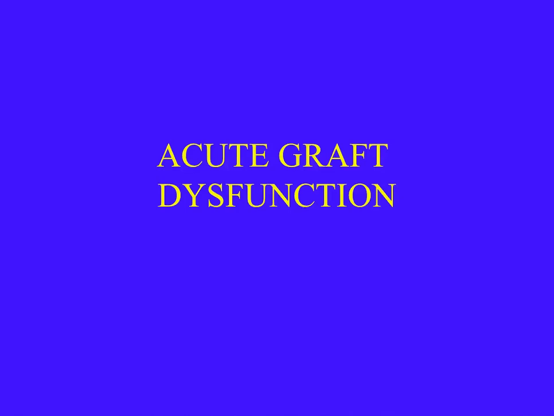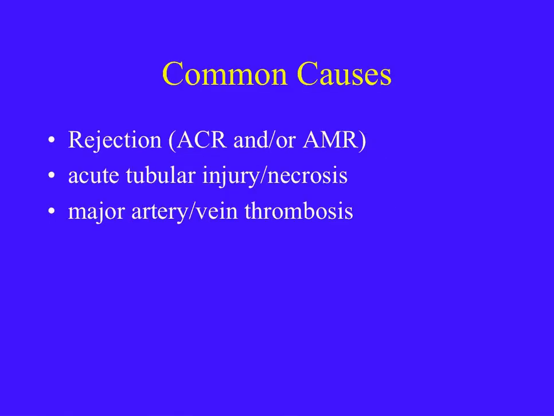Specimens taken for the investigation of acute graft dysfunction usually reveal one of the 3 following causes: rejection, either cellular or humoral, acute tubular injury or necrosis, and major artery or vein thrombosis.